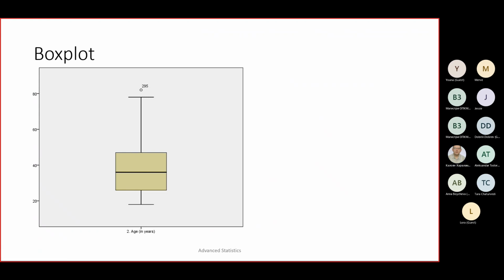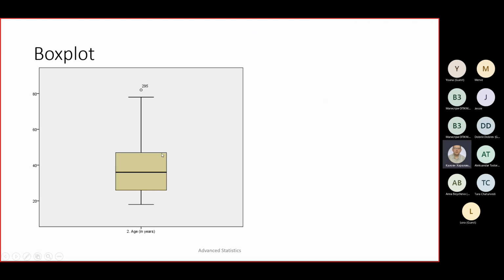Quartiles show the particular value of this variable by dividing the number of persons, the size of population, by 4.